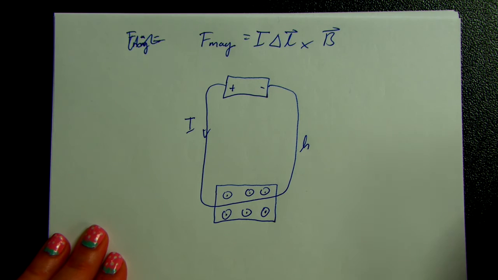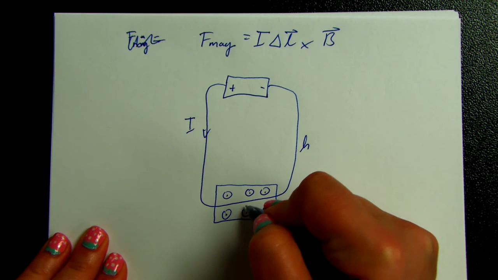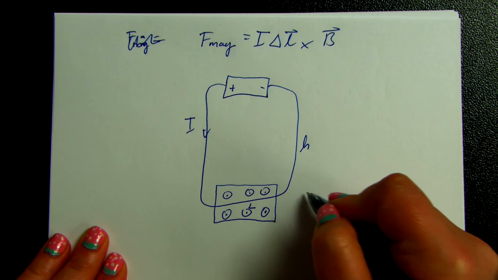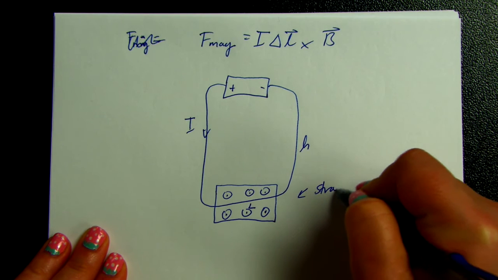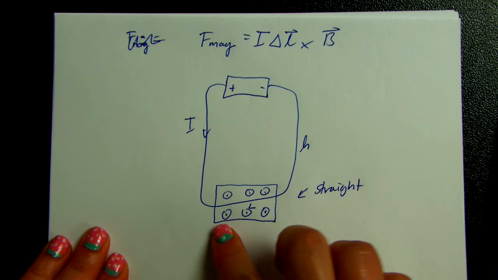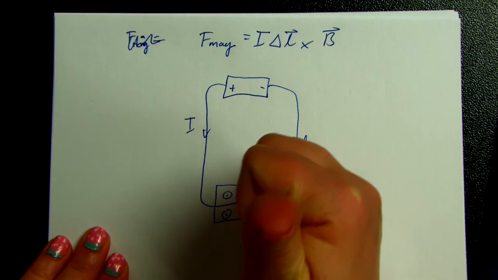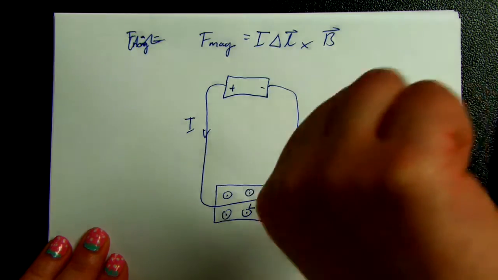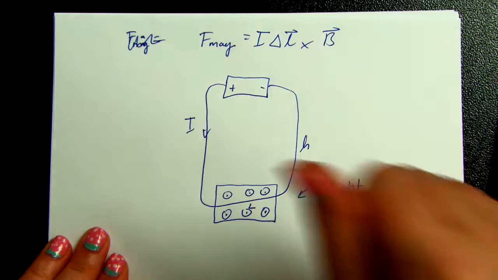Thank you, Ben Franklin. And it goes through, that's supposed to be a straight wire, so let's just pretend that that's straight. And so some section of length L goes through a magnetic field. We can see those dots right there. So your magnetic field is pointing out towards you, not down into the page.